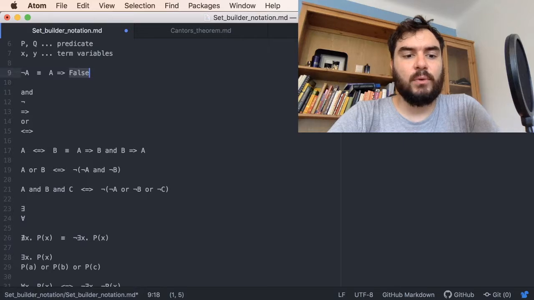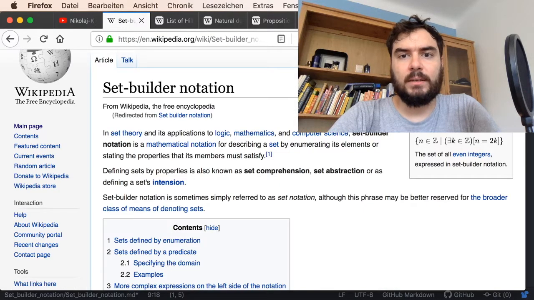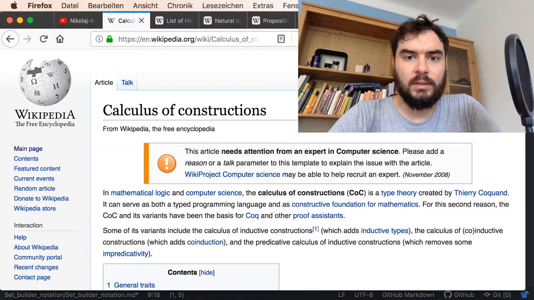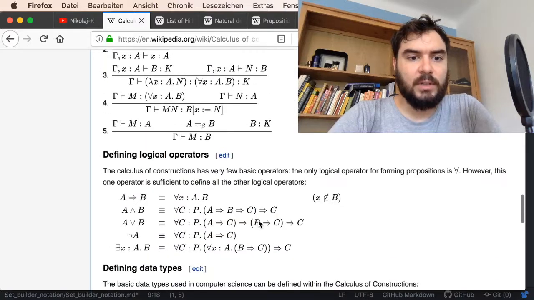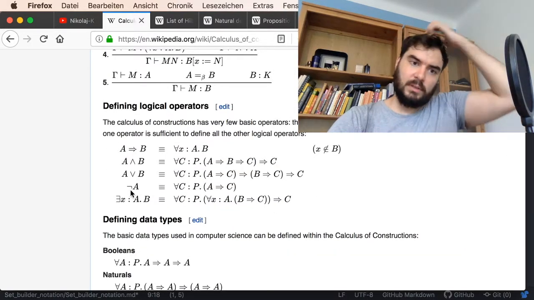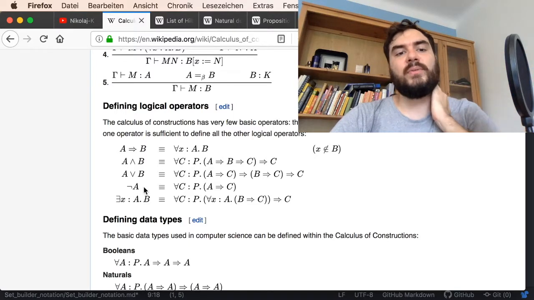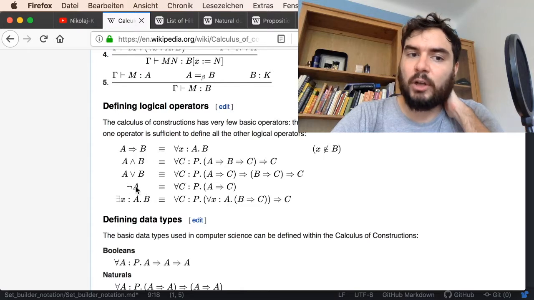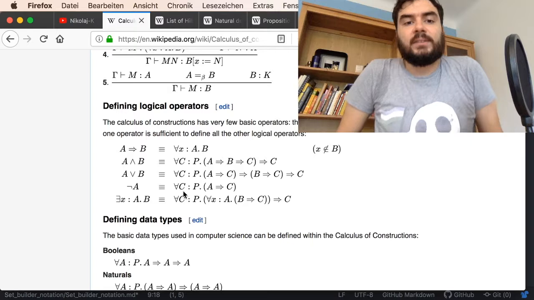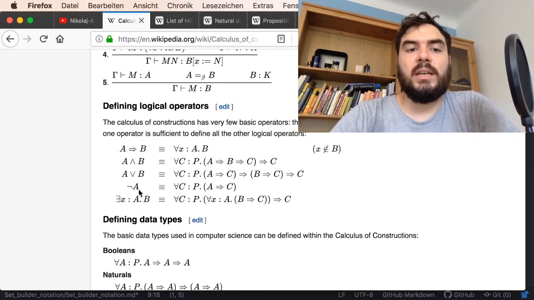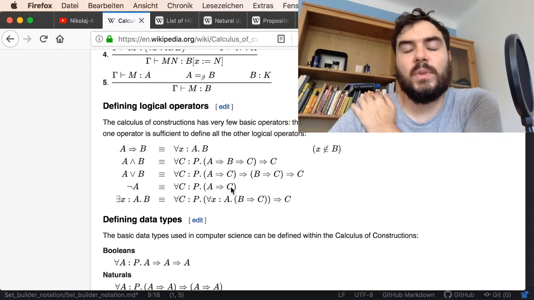Or in some frameworks, like if you look, for example, at the calculus of constructions, which is the base of the Coq proof assistant, there you have the negation expressed not with a constant, like not A doesn't mean that A leads to an absurdity, but here similarly this is defined by saying that for all other propositions, if not A would hold, then A would imply any other proposition.